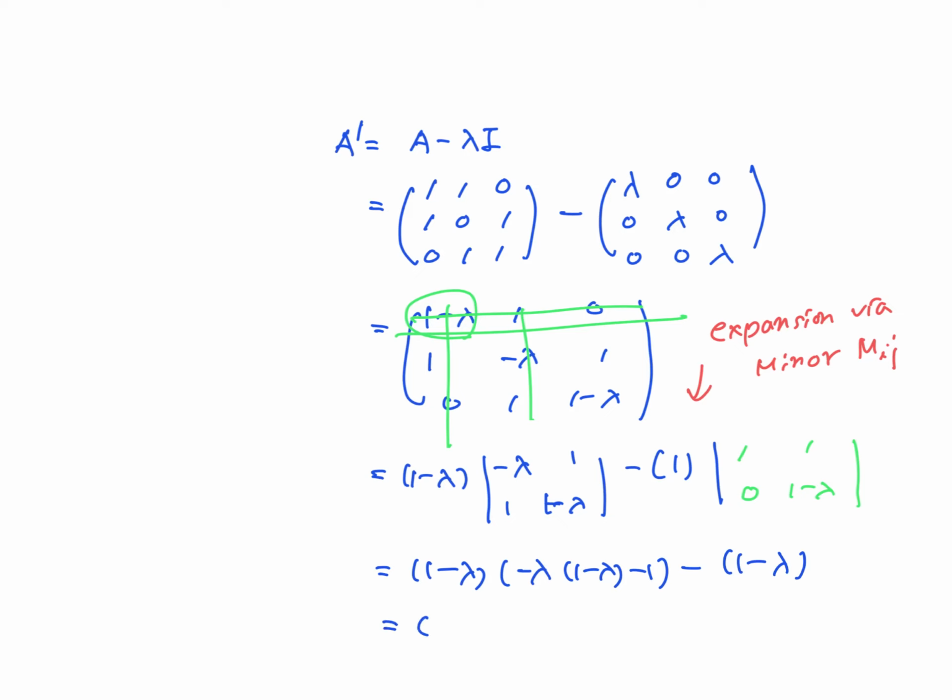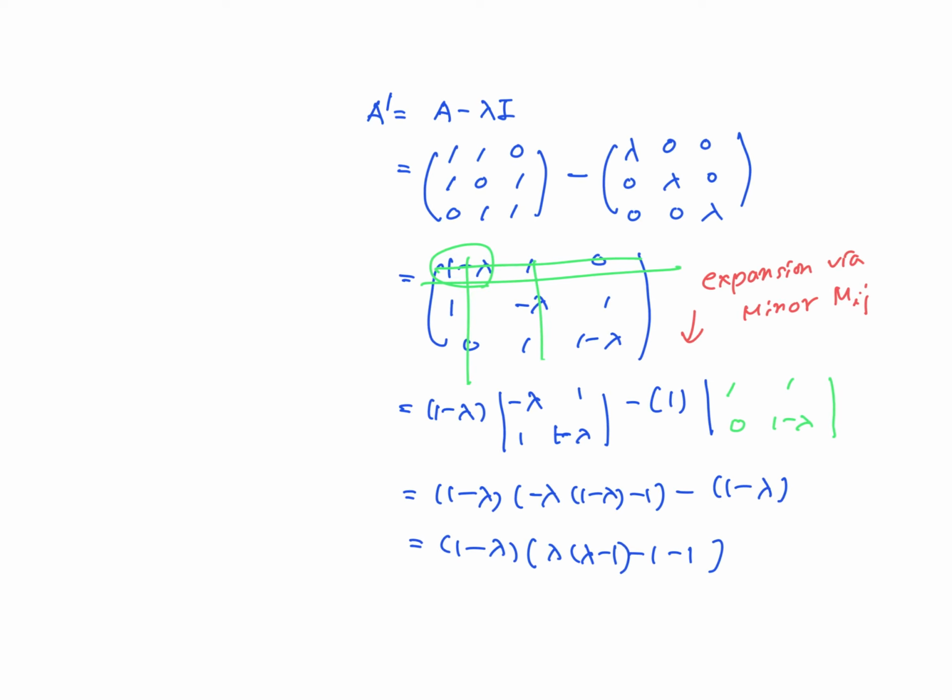So 1 minus lambda, times lambda squared minus lambda minus 1, minus 1. One minus lambda times (lambda squared minus 1 minus 2)... one minus lambda, lambda minus 2, lambda plus 1, right? Is equal to 0.